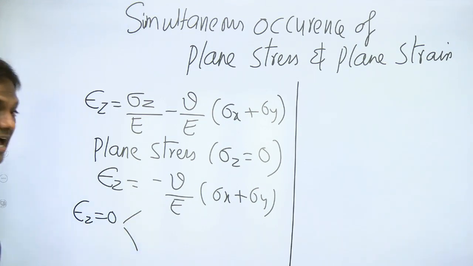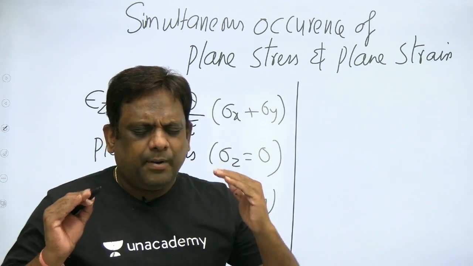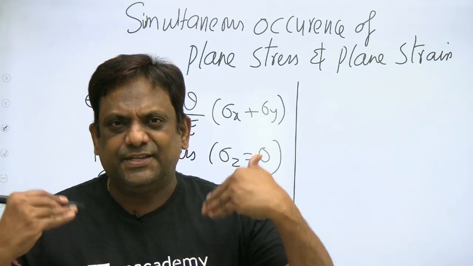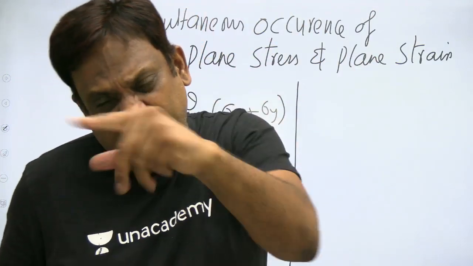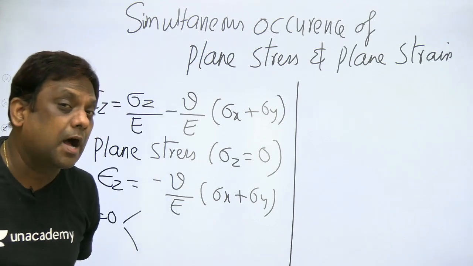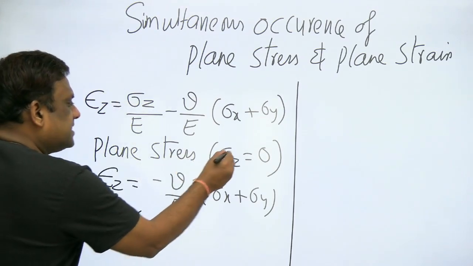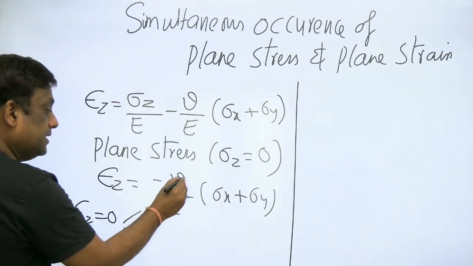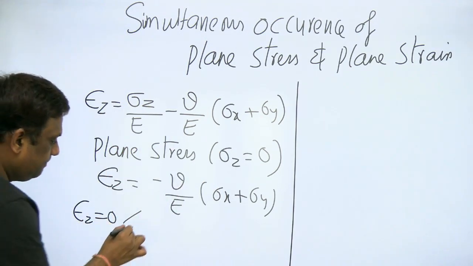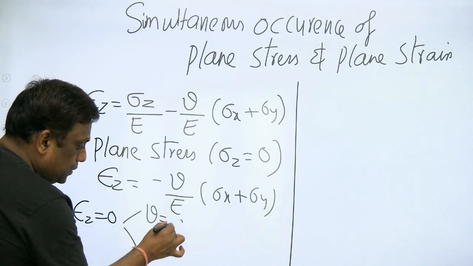I repeat, my dear students, for plane stress sigma z is 0. Now I want simultaneous occurrence of plane strain. Already sigma z is 0, and I want epsilon z also 0. When is that possible? When nu is equal to 0.